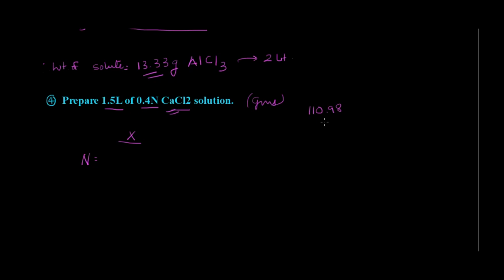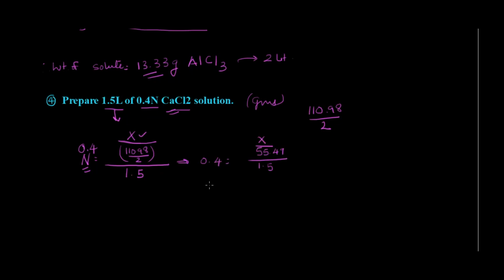So valency is 2 and this whole thing is divided by the volume of solution that is given as 1.5 liter. Again it's in liter, so we don't need any conversion. Normality, I forgot to put normality over here. Normality is 0.4. Now we need to find out the x.